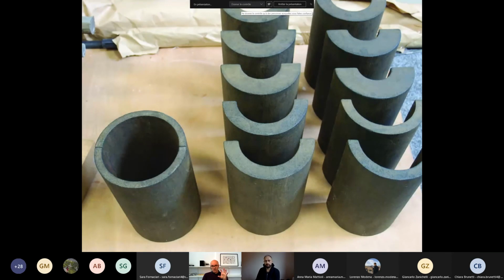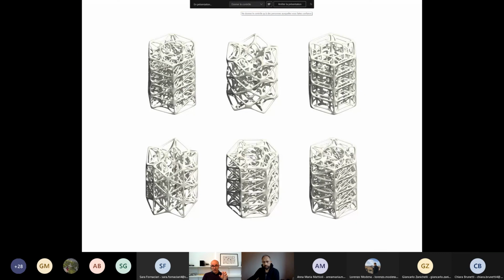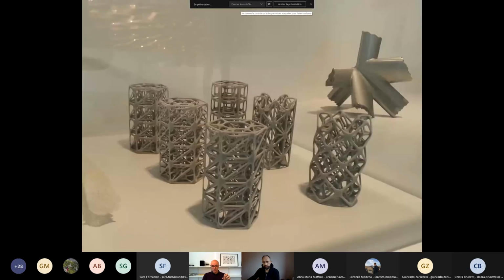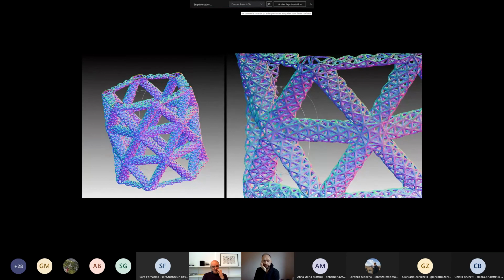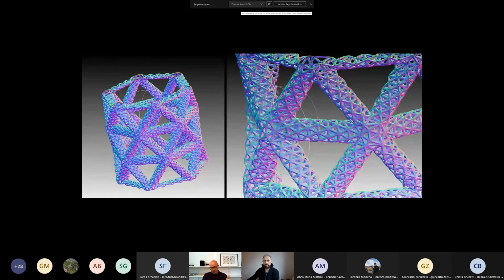So we kept the idea of this network of concrete, but we finally applied it in a more continuous manner, like this, trying to see the potential of complex networks, of complex three-dimensional lattices, especially if they are recursive lattices. So this is a project of 2002.